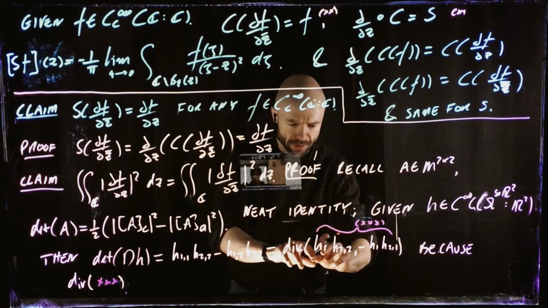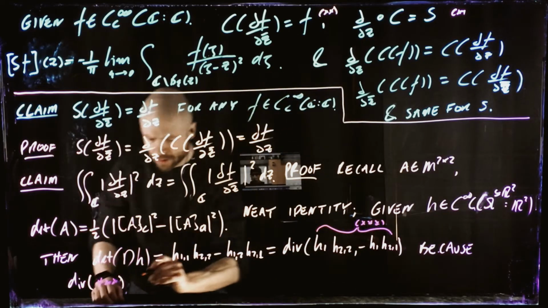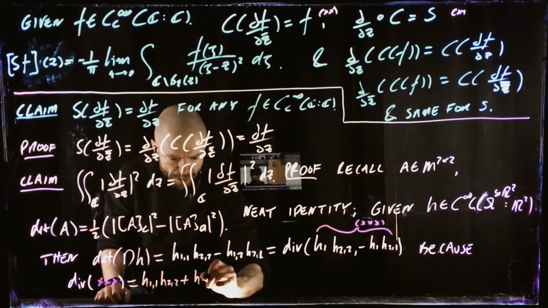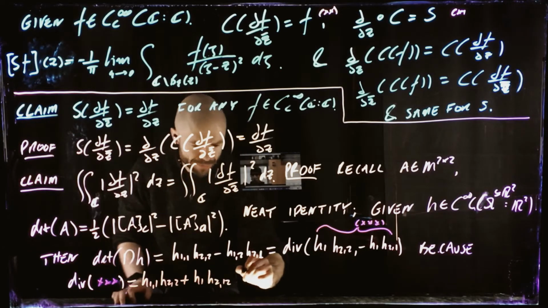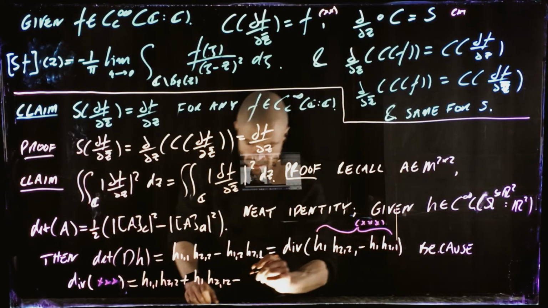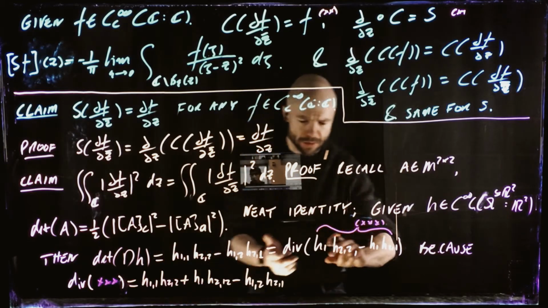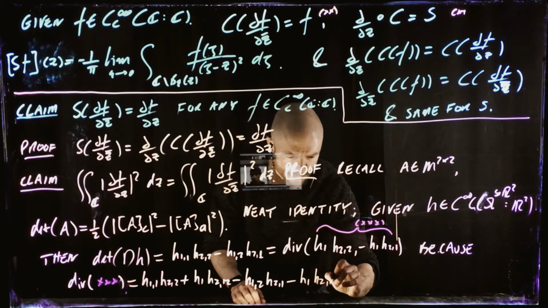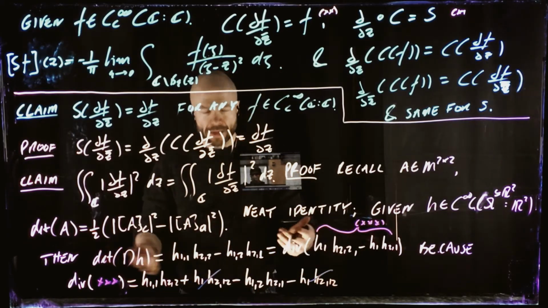I'm going to apply the first partial to the first coordinate, first to the h1 and then to the h2,2. So then that's going to give us h1,1 h2,2, and then plus h1 h2,1,2. Now we apply the second partial to the second coordinate, first going to hit the h1. So we're going to have h1,2 h2,1, and then we're going to apply the second partial to this expression. We're going to have minus h1 h2,1,2, and we have that these guys cancel like this.